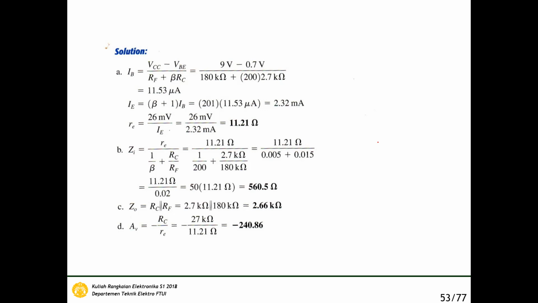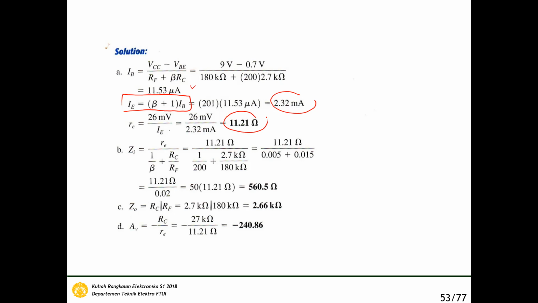So we got that IB is 11.53 microampere. And then IE is beta plus 1 times IB, as we know this equation. So we got that IE is 2.32 milliampere. So the small RE is 26 millivolt per IE, and we got 11.21 ohm.